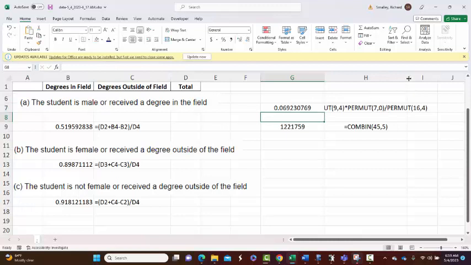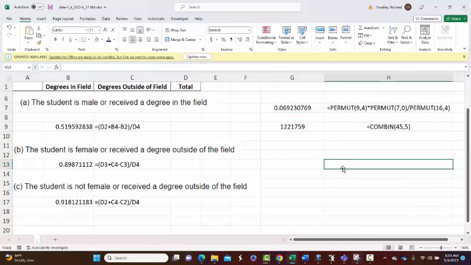Oh, stretch that out so you can see it. There you go. So there it is in Excel. Either way, works beautifully. Love it.